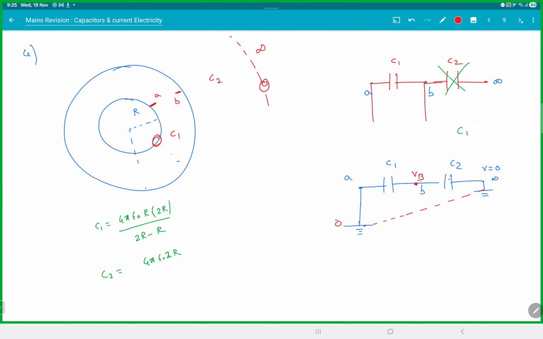The infinity is 0. So the potential difference of C1 and C2 becomes the same. The capacitors become parallel. Are you clear with this? They have the same potential difference. So C equivalent will be C1 plus C2. Clear?